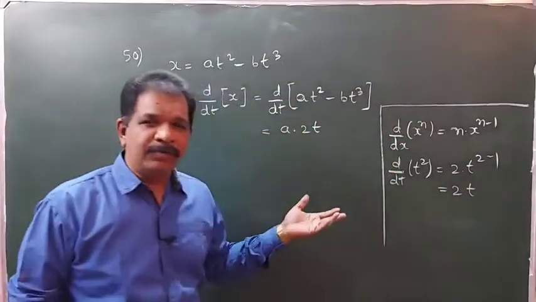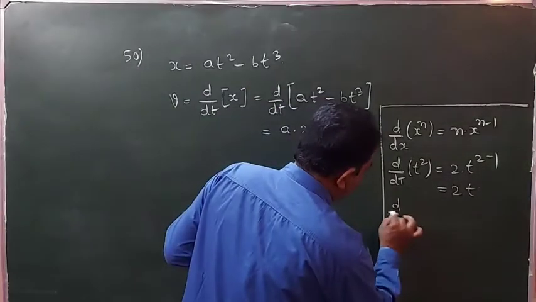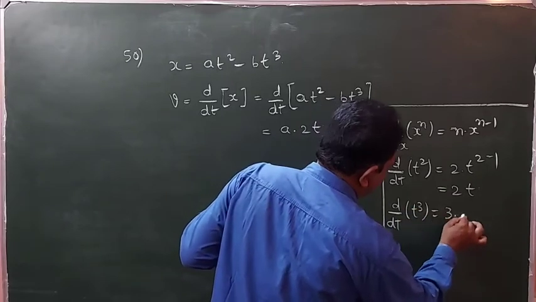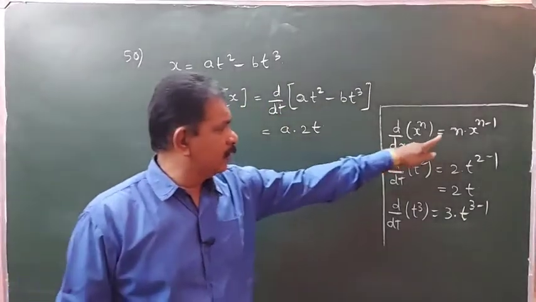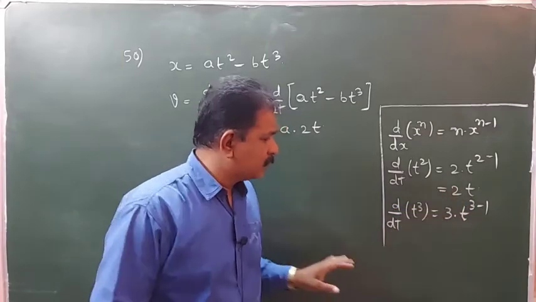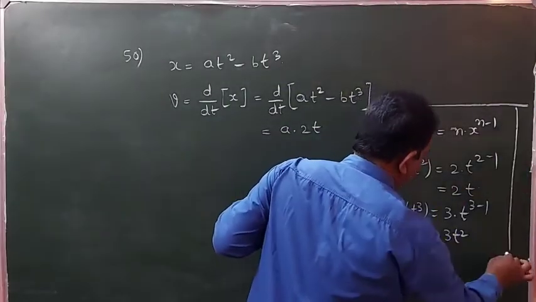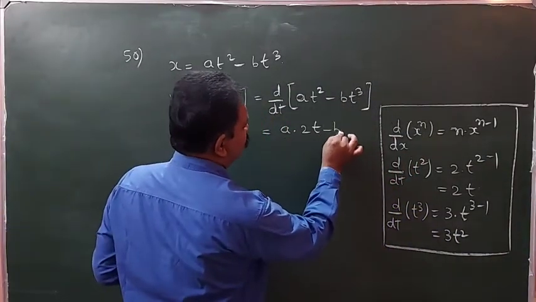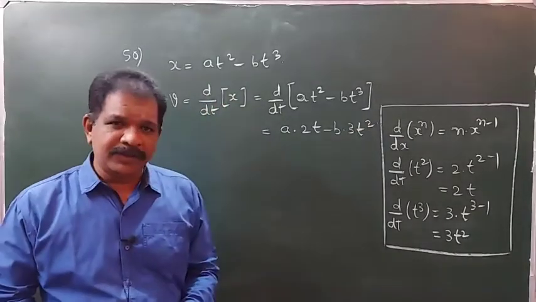T power 1 is nothing but t. For example, d by dt of t cube is 3 into t power 3 minus 1, n into t power n minus 1. So this value is 3t square. So minus b into 3t square, the differentiation of t cube.